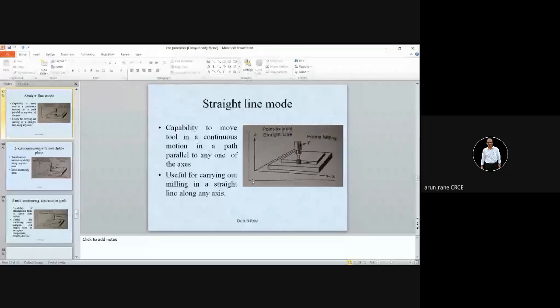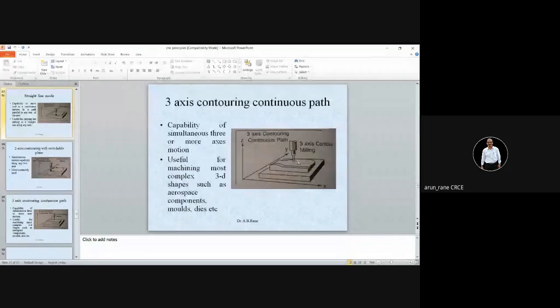This is straight line mode, where the path is important. Then you have the third method, that is three axis contouring, continuous path. In three axis, all the three axes are moving simultaneously.